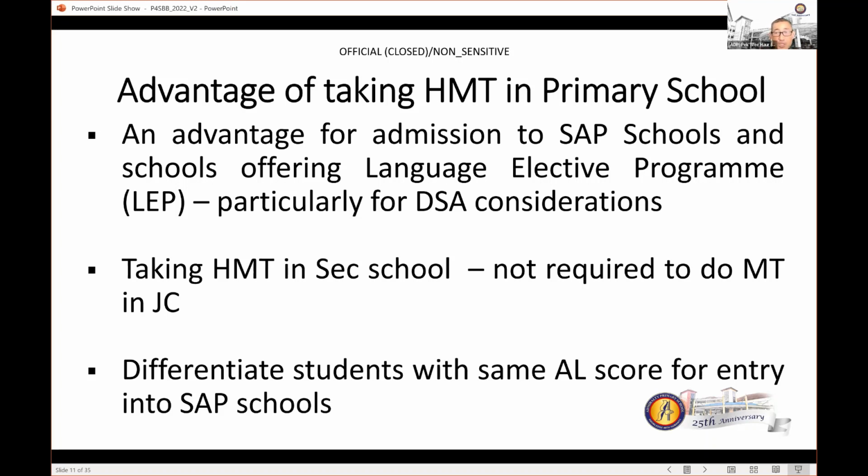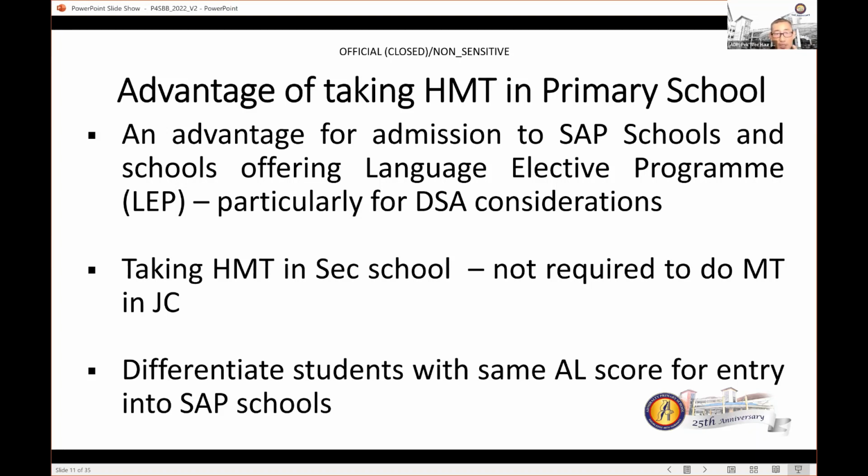And not just in terms of PSLE marks for entry into these schools, but also particularly in DSA. So if our children want to gain access to these SAP schools with higher mother tongue, they can also try to see if they can go for admission through DSA. Similarly, when it comes to DSA, other than the SAP schools, there are also other schools offering language elective programmes for Malay and Tamil.